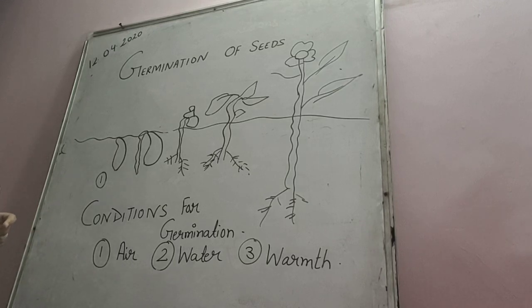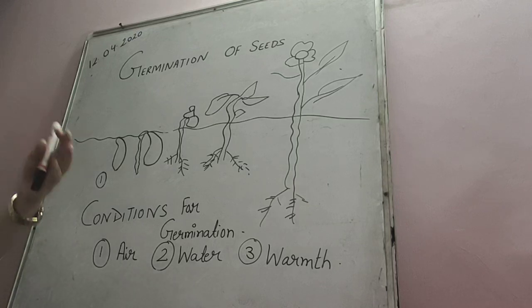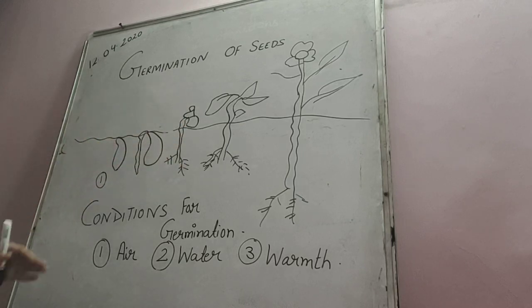Right? Then they won't be able to germinate. Therefore, the seeds need to get scattered. The seeds need to get dispersed from their place of origin to different places. And this process is known as dispersal of seeds.